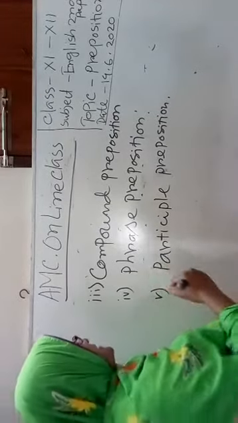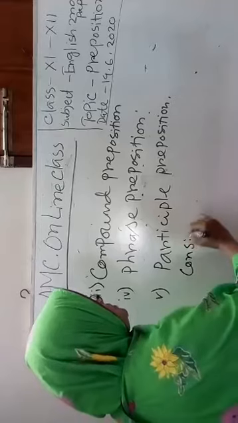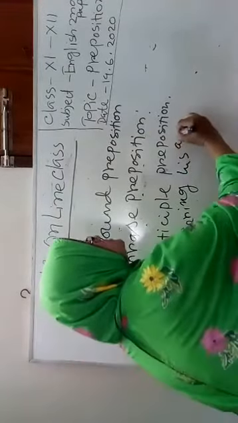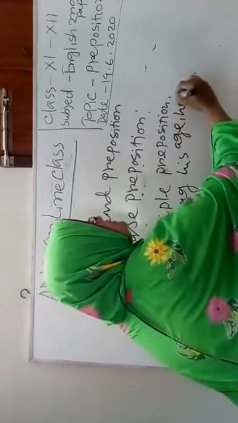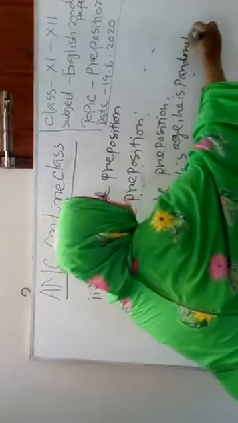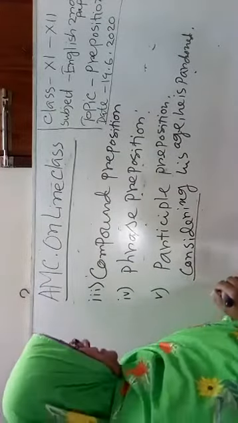If we analyze the example: considering his age, he is pardoned. In this sentence, considering is the example of participle preposition.